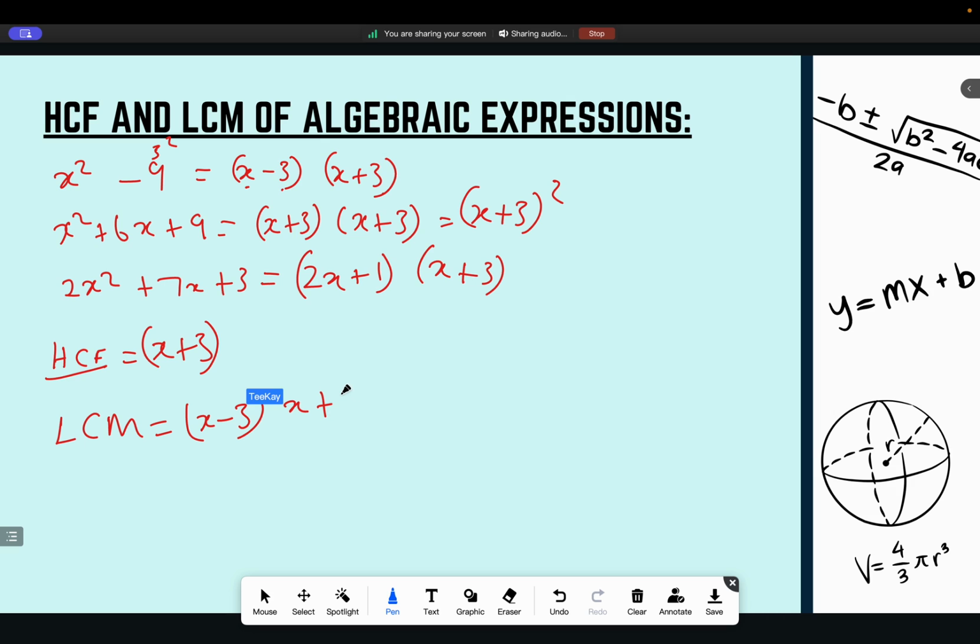The highest power we have here is 2. And then we have this one, 2x plus 1. And this is our lowest common multiple.